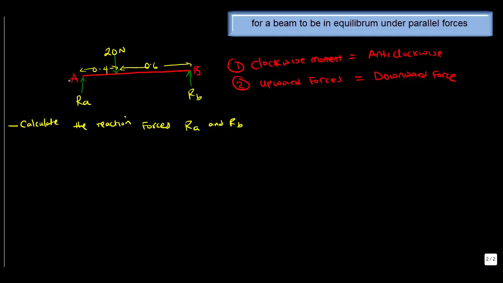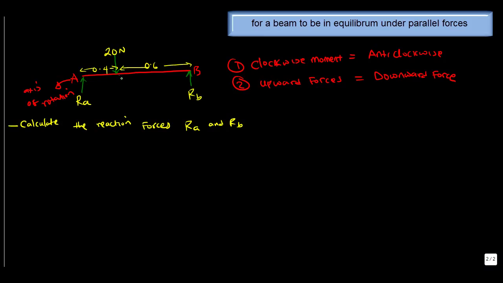Now we're going to choose the point A as our axis of rotation, and now let's try to identify the effect of the applied force and the reaction forces on the beam.